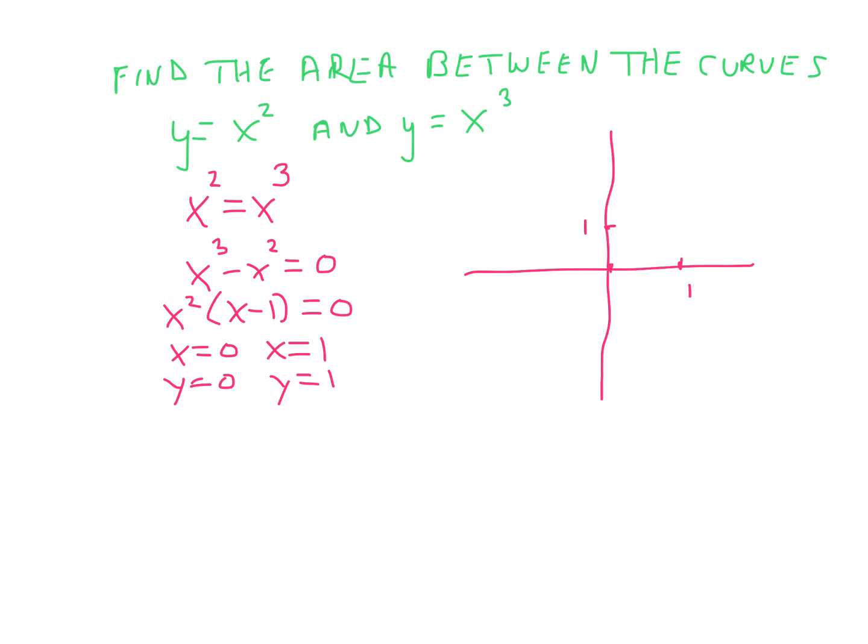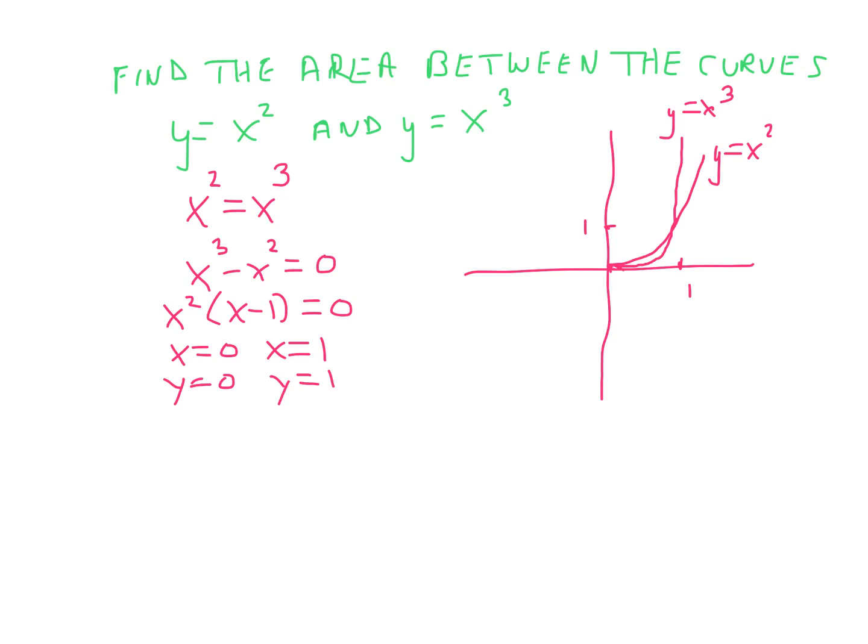And so one of the curves, the parabola, looks like that, and then the other one, y equals x cubed, actually runs along just underneath it, because when you're cubing a number that's less than 1, you're always multiplying a decimal times a decimal and making it smaller. And so this is the y equals x squared curve, and this is the y equals x cubed curve, and that's important because we need to know which one is the top and which one is the bottom.